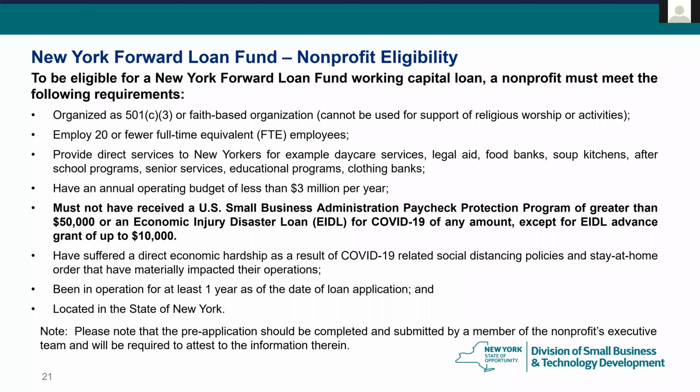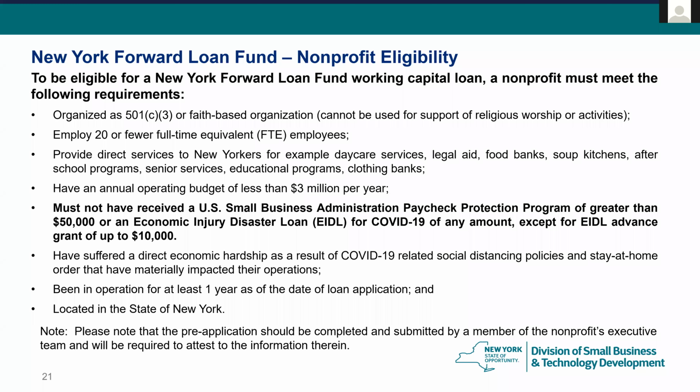Well, I want to point out that if you are a faith-based nonprofit, you can't use the funds for the support of religious worship or activities. And that's really where that detailed use of funds comes into account and why that can be so important for a nonprofit. You have to employ 20 or fewer full-time employees, again, very similar to a small business, same rules for part-time employees.